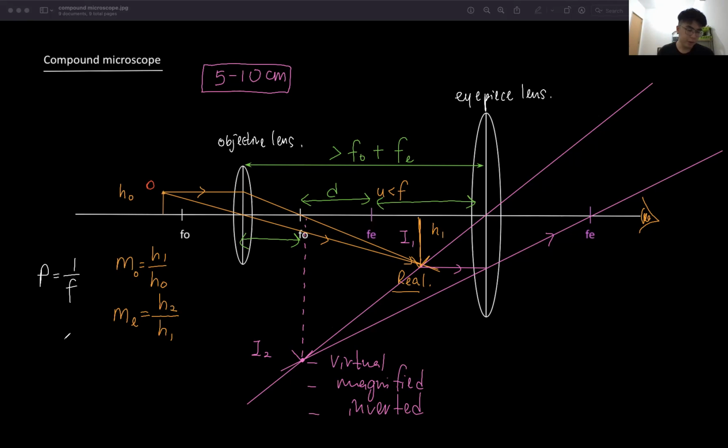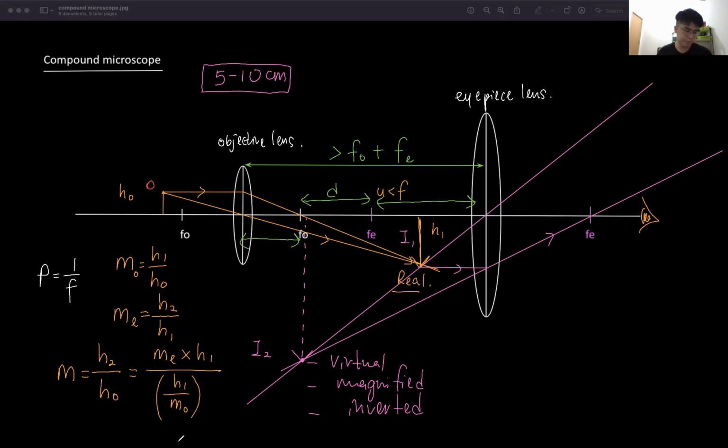Okay, so to find the total magnification of the microscope, m equals h2 over h0. Final image over initial object. h2 is ME times h1, over h0, which is h1 over MO.